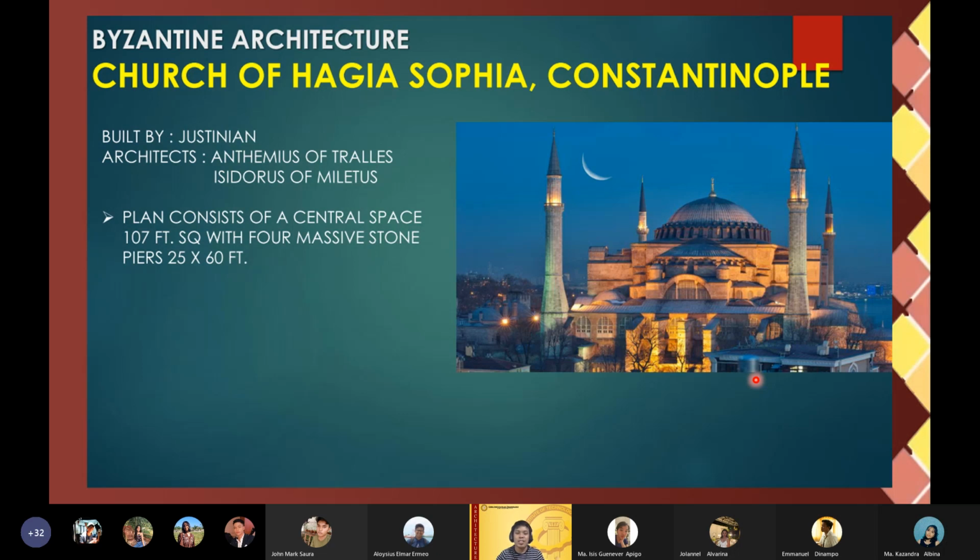So since nidaog si Emperor Justinian during that riot, ang ilang ka-riot is ang ni-oppose ni Justinian, no? Nidaog si Justinian during that time. So what he did is iyahang reconstruct or start from scratch, completely destroyed ang Hagia Sophia.